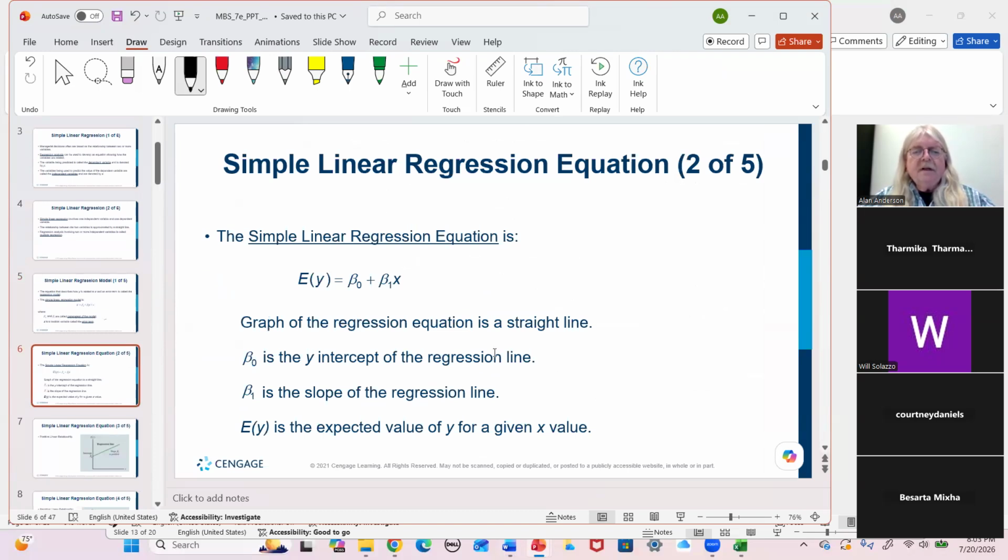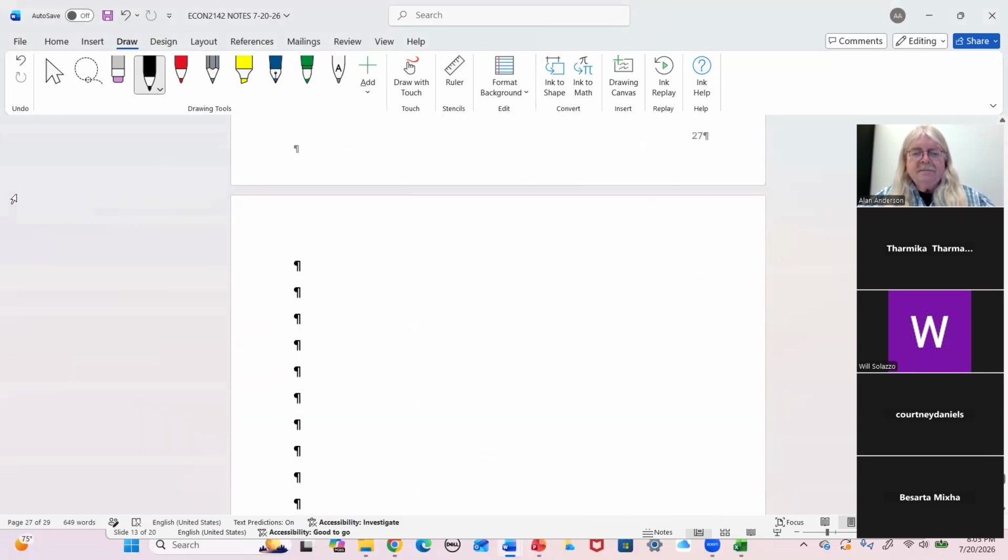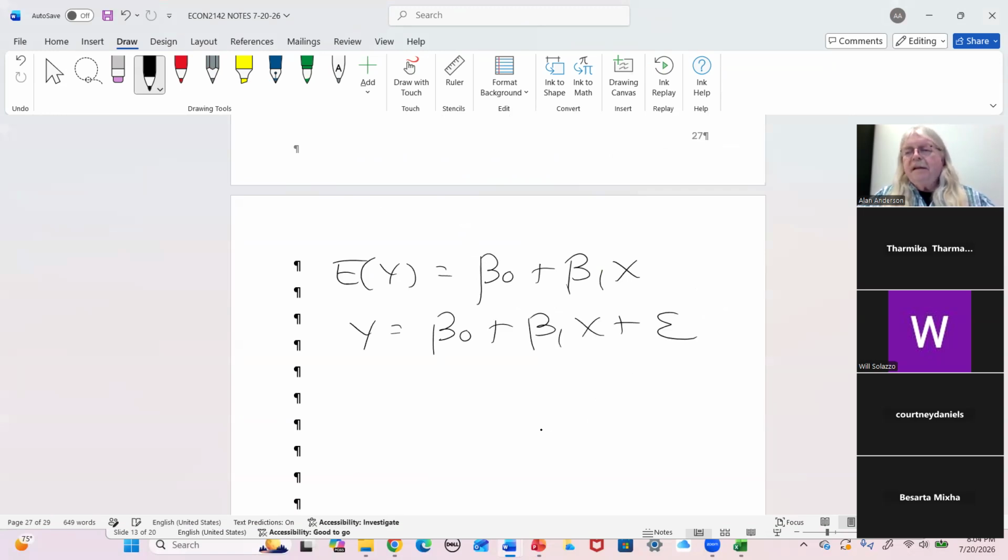Now, the equation is written like this. What is that supposed to mean? Well, same thing, because the expected value of epsilon is 0. And that's another way of saying its average is 0.